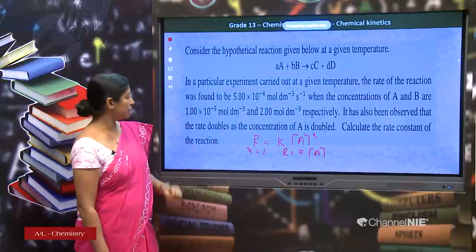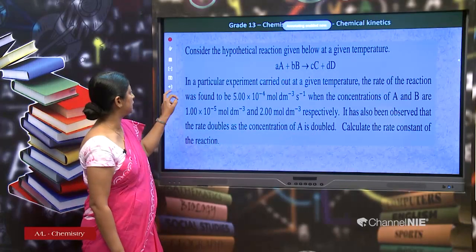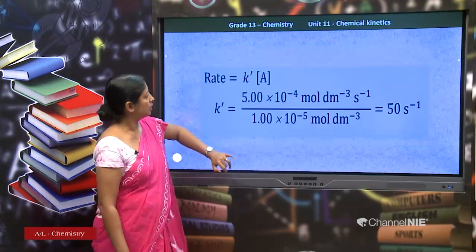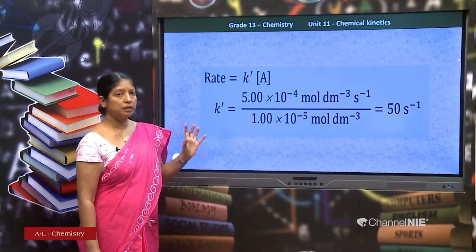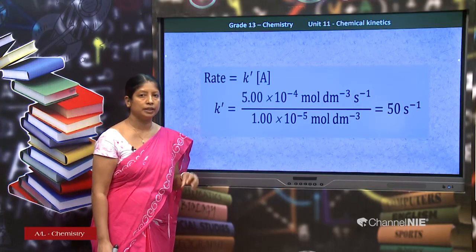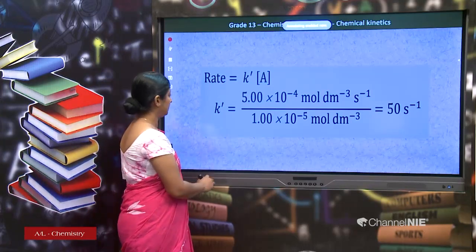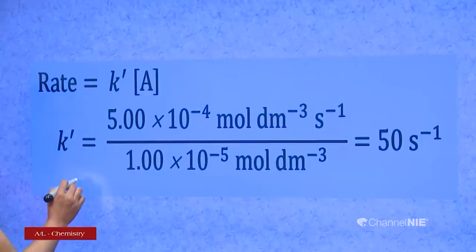And we are asked to calculate the rate constant. So, let us see how we calculate the rate constant of this reaction. Actually, we are not calculating the exact rate constant. Here again we are calculating the pseudo rate constant, K dash.